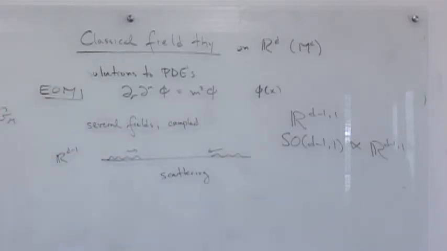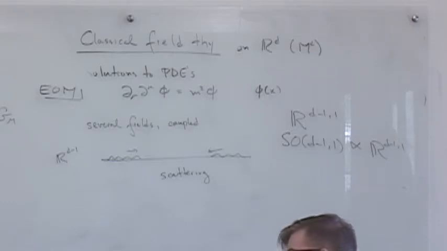There are also so-called global and local symmetries. Global, often called flavor, symmetries are symmetries that don't depend on position in R^d and leave the equations of motion invariant.